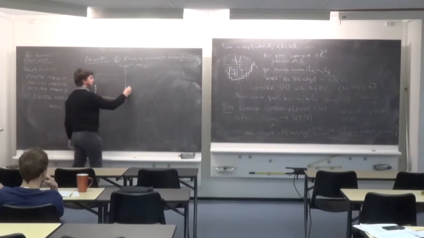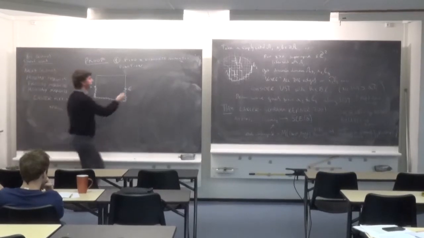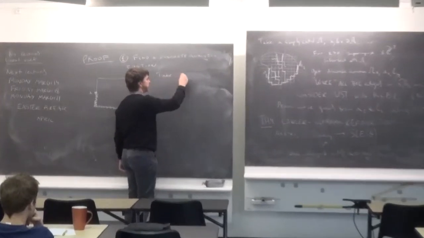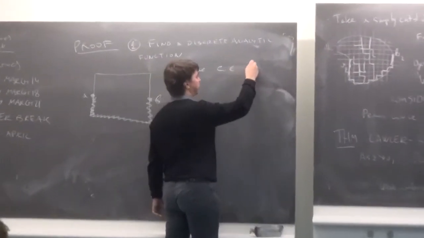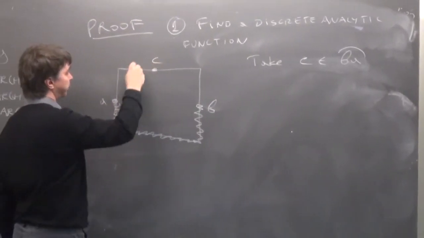There are points A epsilon, B epsilon, so I will just write A and B. Take a point C on the arc BA, somewhere above.